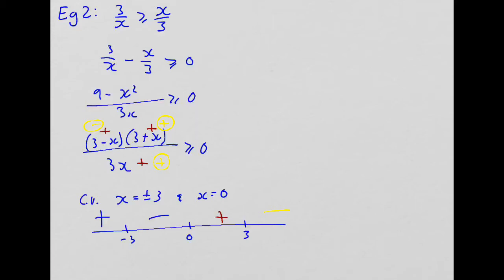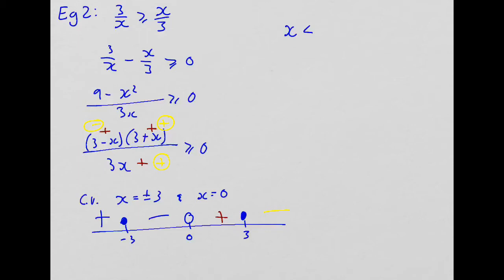Right, so if we can go to the solution now, I'll write the solution at the top here. We're looking for greater than, so positive answers, greater than 0. So in other words, we want these solutions and we want those solutions. The final solution will be x is less than, and we need to look at what is allowed and what's not allowed. -3 is allowed, +3 is allowed because it won't make it undefined, but x equals 0 is not allowed.